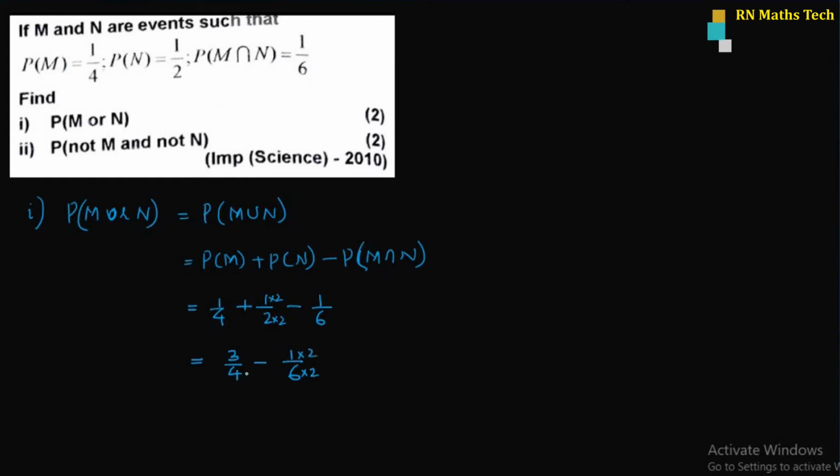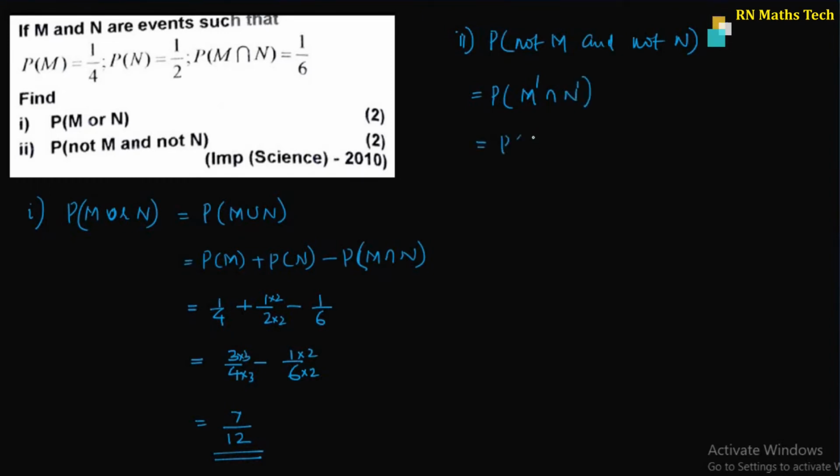ഇവിടെ 2 കൊണ്ട് മൾട്ടിപ്ലൈ ചെയ്യാം. ഇവിടെ ഒരു 3 കൊണ്ട് മൾട്ടിപ്ലൈ ചെയ്യുമ്പോൾ 9 മൈനസ് 2, 7/12 എന്ന് കിട്ടും. ഓക്കെ, നൗ സെക്കൻഡ് പാർട്ട്, not M and not N. P of not M and not N. That's equal to P of M complement, M dash intersection N dash.